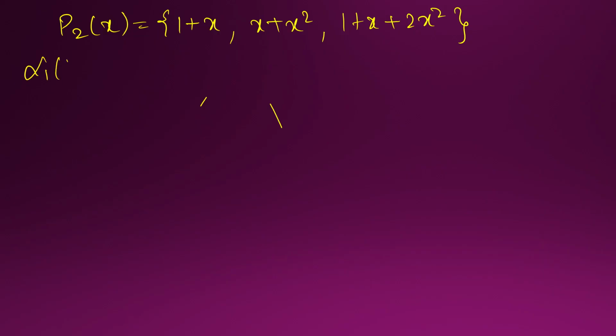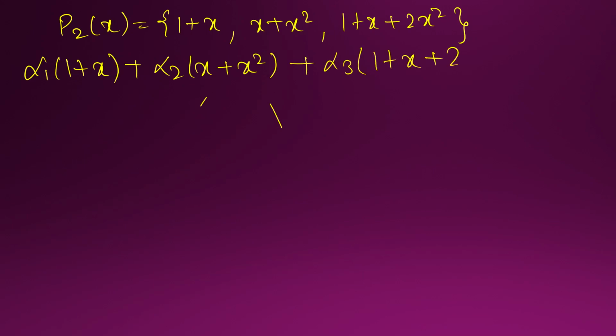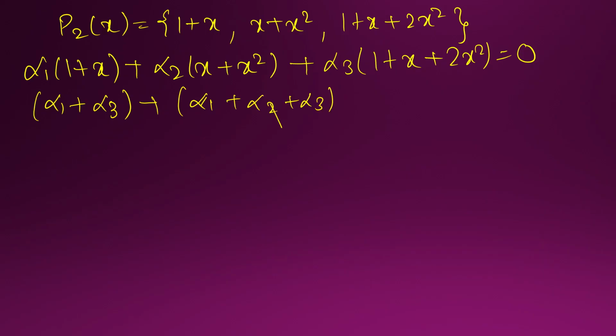So alpha 1 into 1 plus x plus alpha 2 into x plus x square plus alpha 3 into 1 plus x plus 2x square equal to 0. Now the coefficients: alpha 1 plus alpha 3, plus alpha 1 plus alpha 2 plus alpha 3 into x, plus alpha 2 plus 2 alpha 3 into x square is equal to 0.